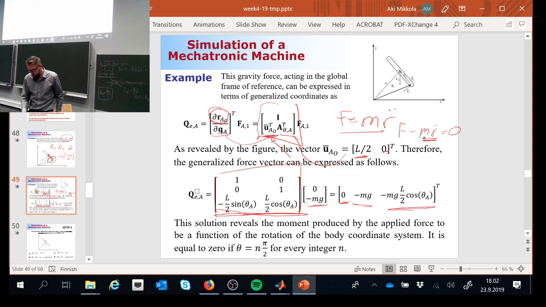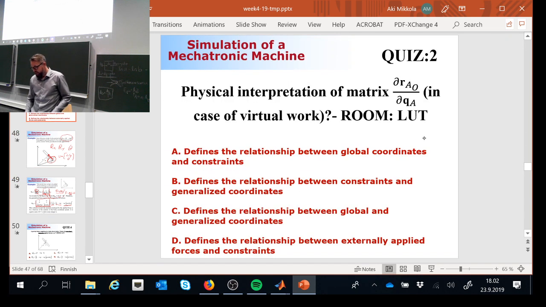Okay, before we go, let me show you the in-class quiz that I'm about to ask on Monday. What is the physical interpretation of that matrix? What do you think?